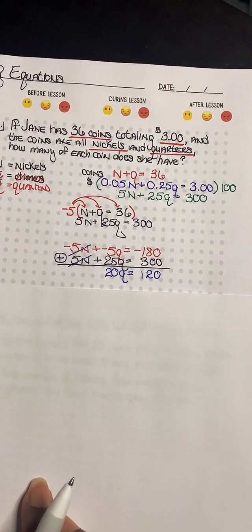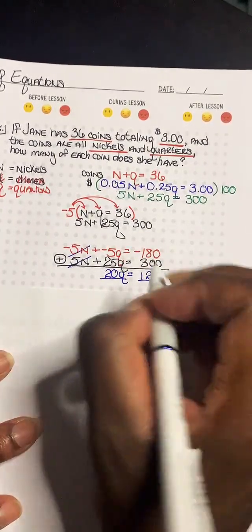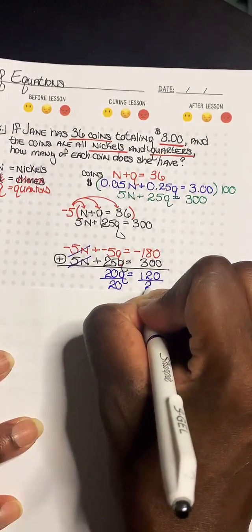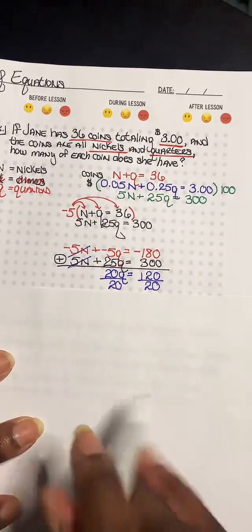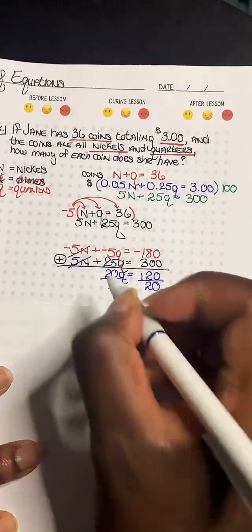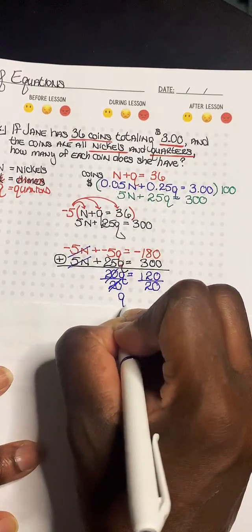All right. So now we're going to take that 120 and we're going to divide both sides by 20 because we want to get Q by itself. So 20 divided by 20, that gives me a 1. But in this case, Q is still here.